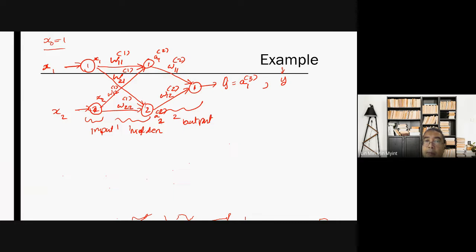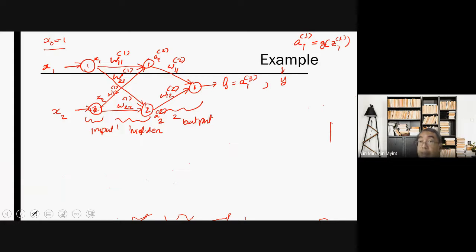And please always keep in mind, for this A, A for any i, where i refers to the node in any layer, is equal to an activation function with the parameter of z_i.